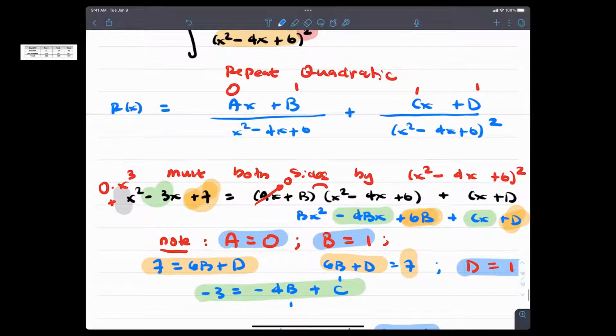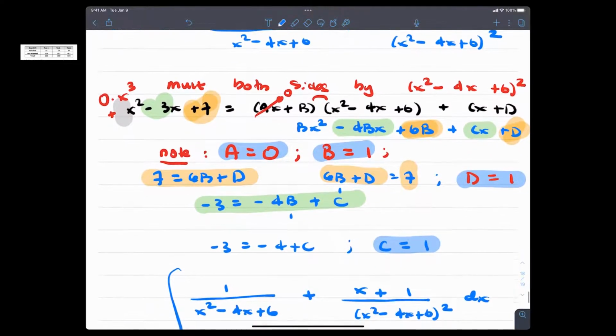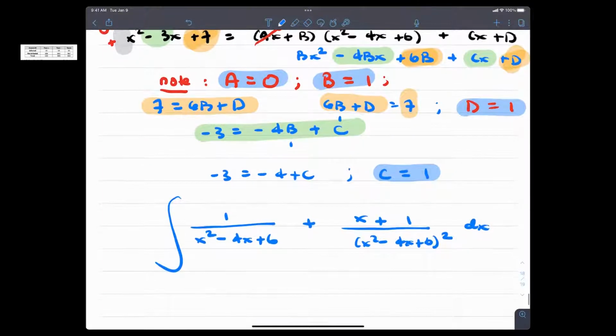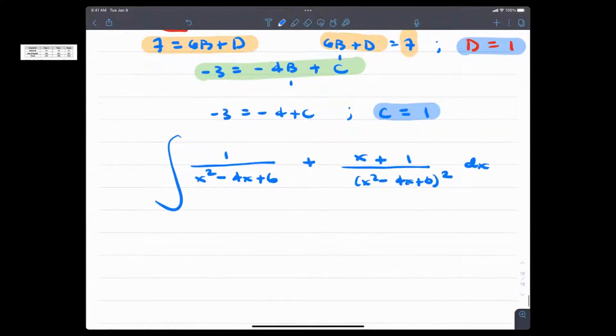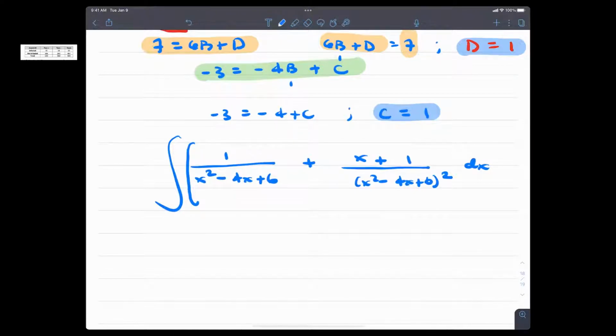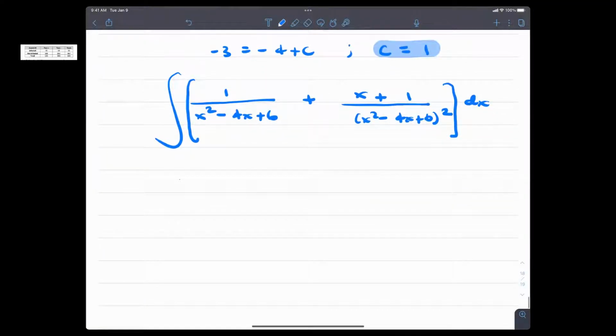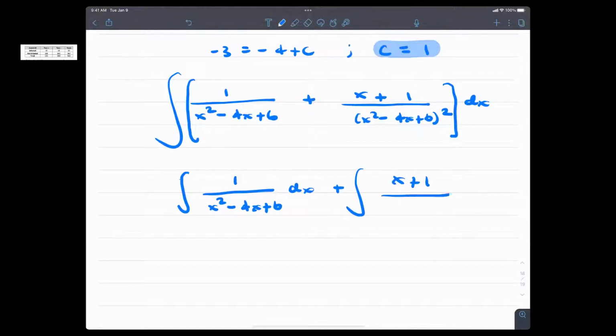Double check. So if you kind of look at it this way now, you get 1 over, use your properties of integration, x squared minus 4x plus 6, that's a dx, plus the integral of x plus 1 over x squared minus 4x plus 6 squared dx.